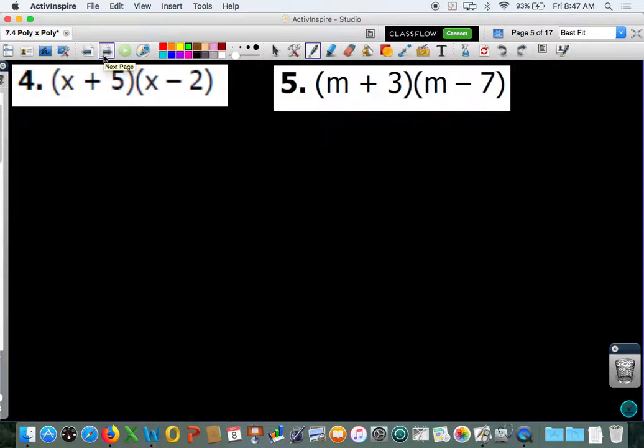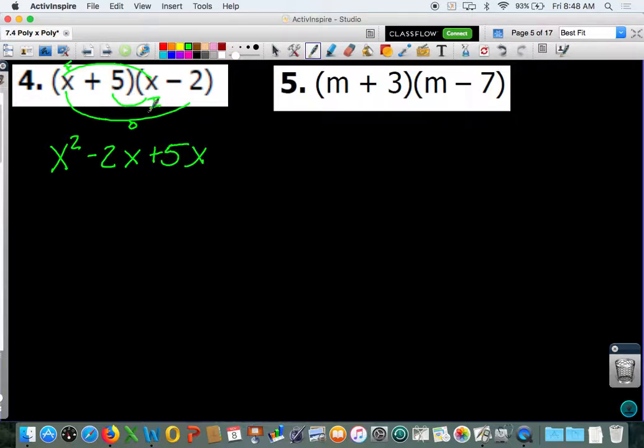All right, number 4. Okay, so my first term's x times x. That gives me x squared. x times negative 2 gives me negative 2x. That's my O, that's my F. 5 times x gives me plus 5x.